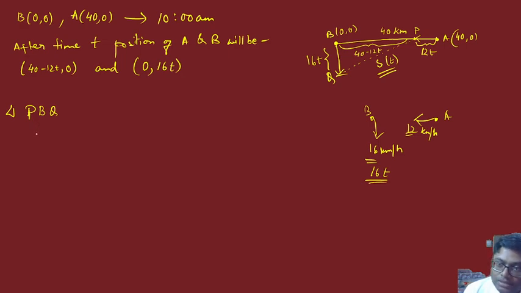So as it is a right angle triangle, PQ is equal to root over BQ square plus BP square. Okay, now what is the value of BP?